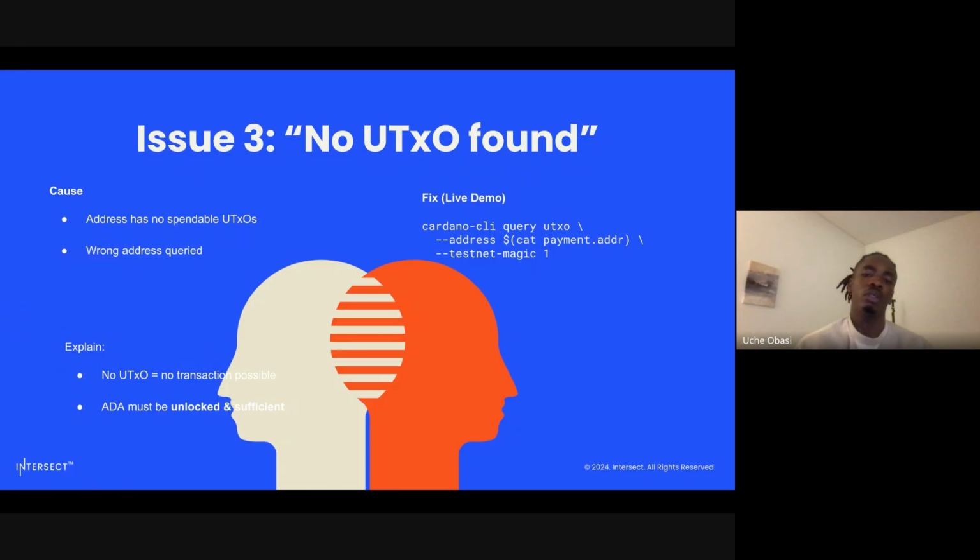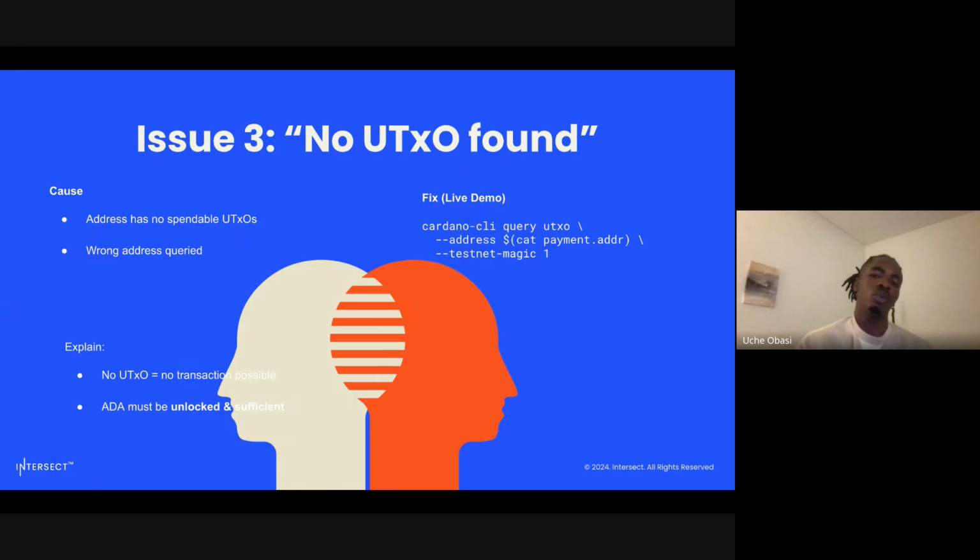So when we say no UTXO found, what we mean is no transaction possible. In layman's terms, ADA must be unlocked and sufficient, because if there is no ADA, that's the currency. If there is no currency, there will be no transaction.